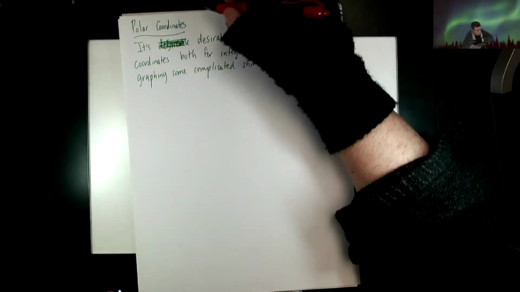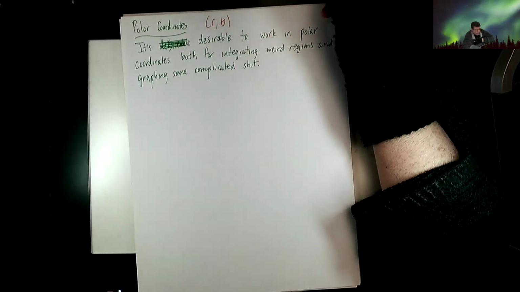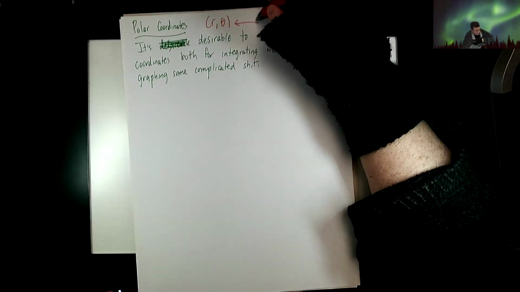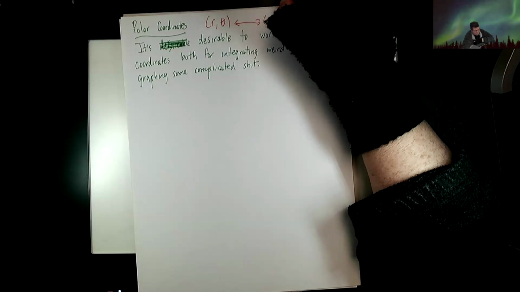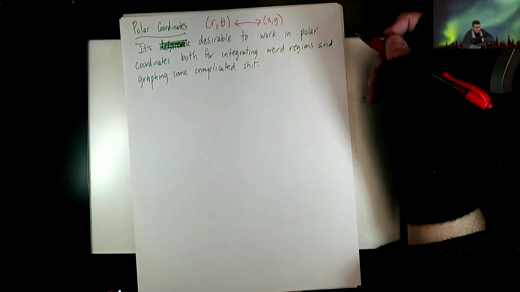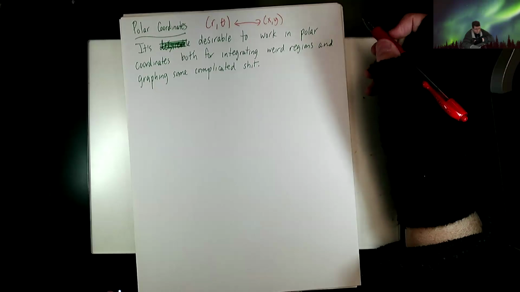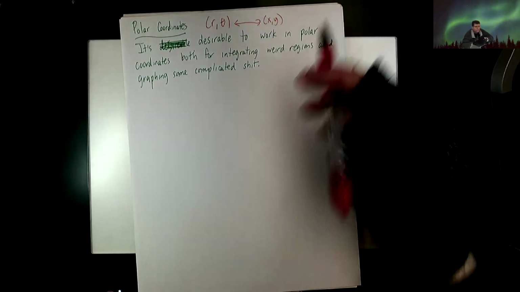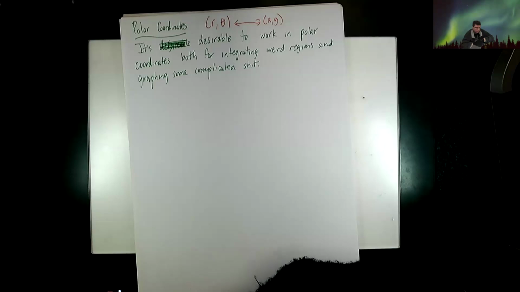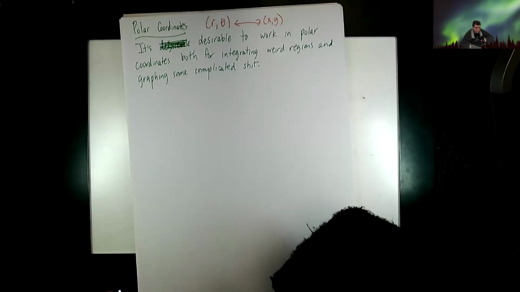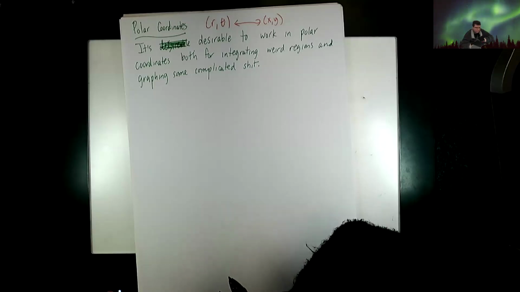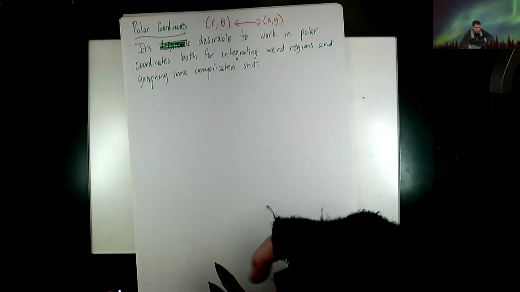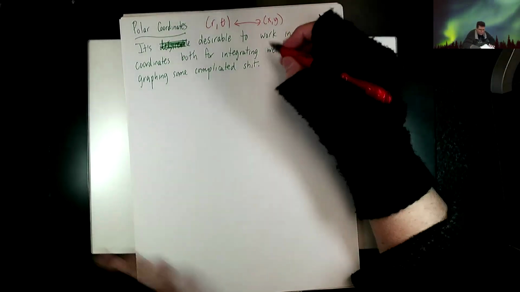Polar coordinates are of the form (r, theta), where theta is the angle. And we're going to be able to switch back and forth from that to our rectangular coordinate system, (x, y). Polar coordinates are great for circular things.